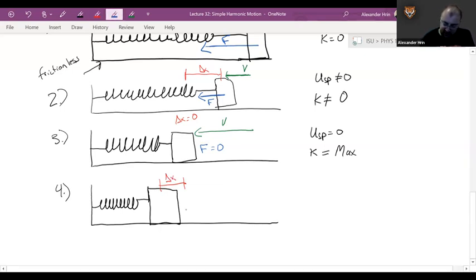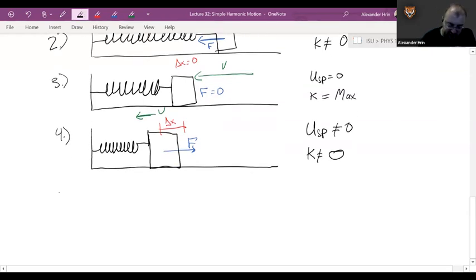But we have a medium force pushing this way, and we still have our velocity, but the force has now started to slow it down. So the velocity has decreased. That's why the velocity is smaller. We now have some more spring energy. We're back to not equal 0, but still some kinetic energy as well, so kinetic energy is also not equal to 0.